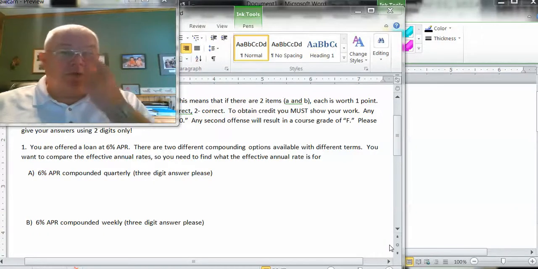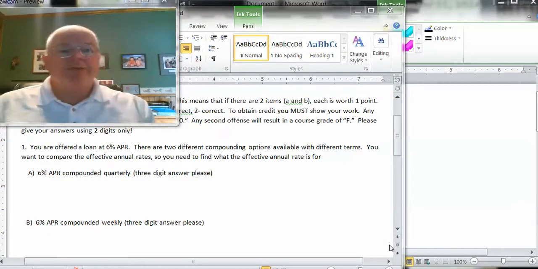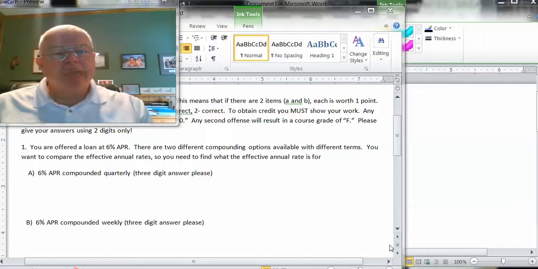Well, quiz 3. Quiz 3, of course, is all about effective interest rates. And these you do run across all the time. As you recall, I mentioned in class that by law, banks always quote the annual percentage rate. This is true in all industrialized countries.